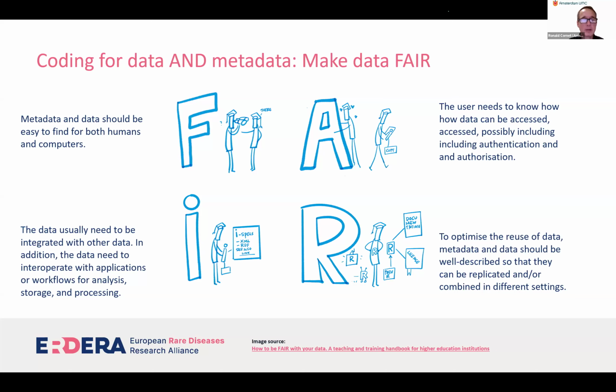Going through all this codification basically makes your data interoperable, which is the I of FAIR, so that it can be combined with data from other data sources. And by adequately specifying the license under which data or derived data can be reused, we ensure that a data set establishes reusability.